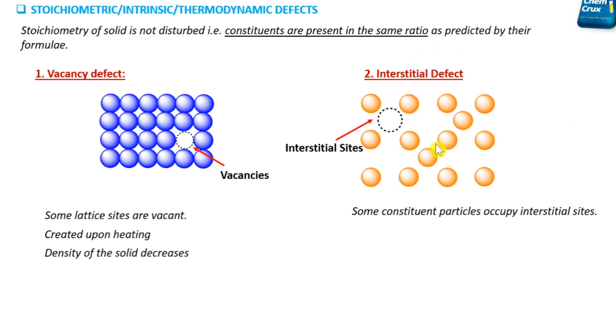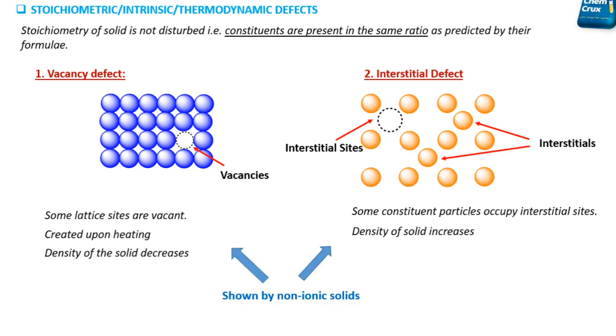And these atoms which are present in the interstitial sites are called interstitials. As some extra atoms are present in the solid, the overall density of the solid will increase, right? Both the vacancy defect and interstitial defect are shown by non-ionic solids.